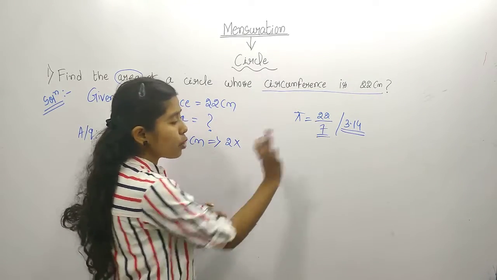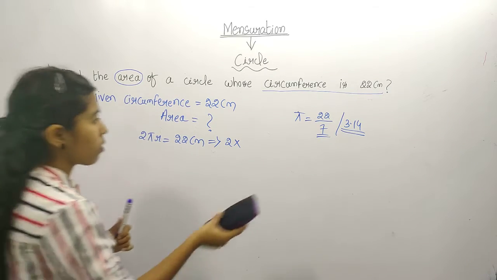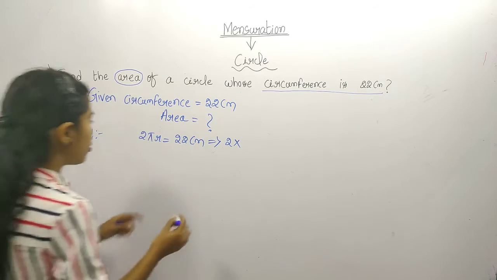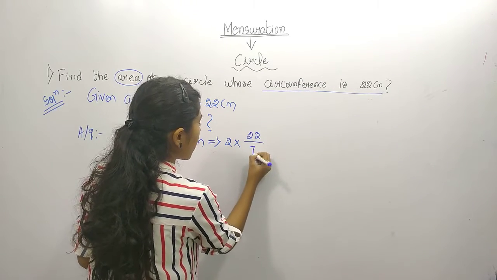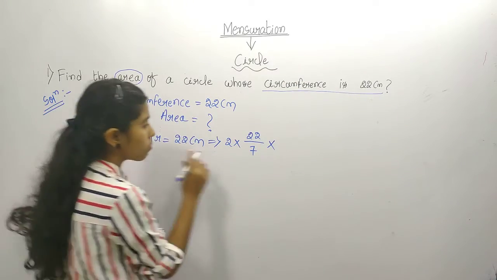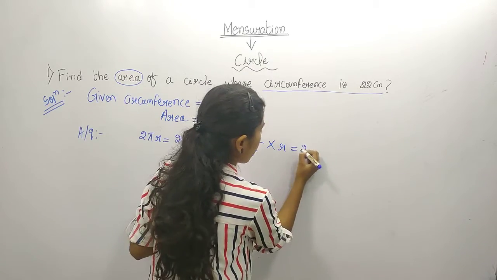So here pi means we have to put 22 divided by 7, into r, the radius, equals 22.